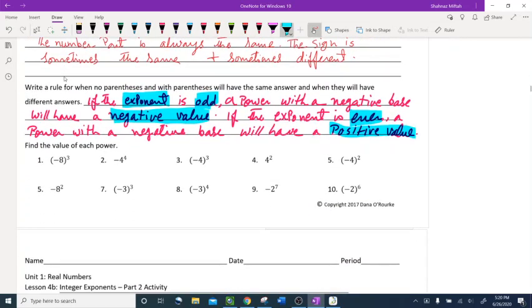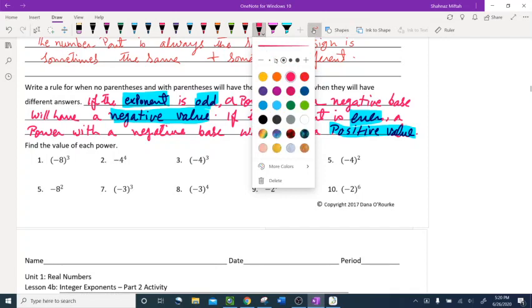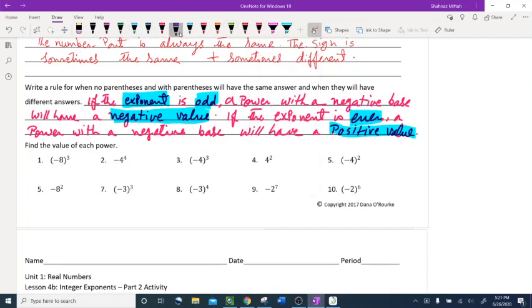Okay, let's do these problems. Let's use a different color. Okay, let's try (-8) to the power 3.